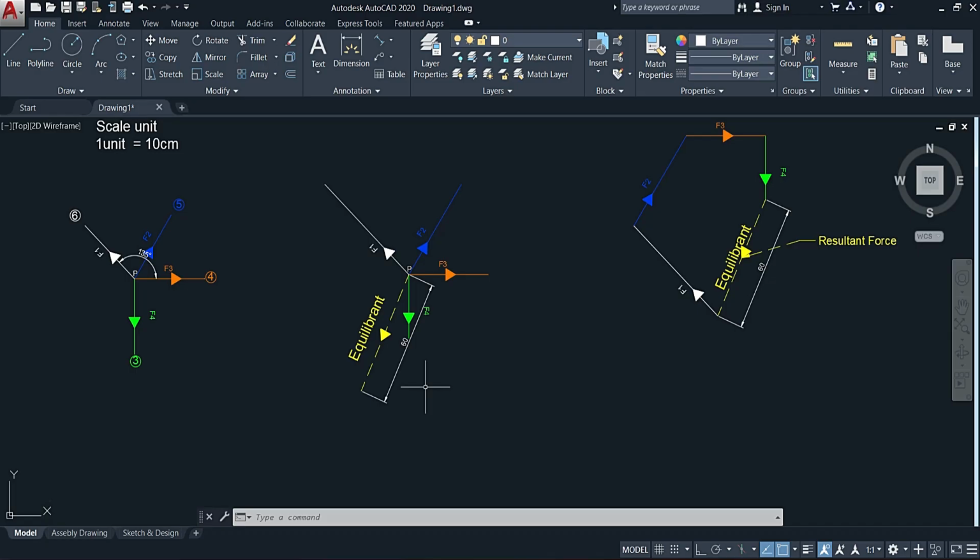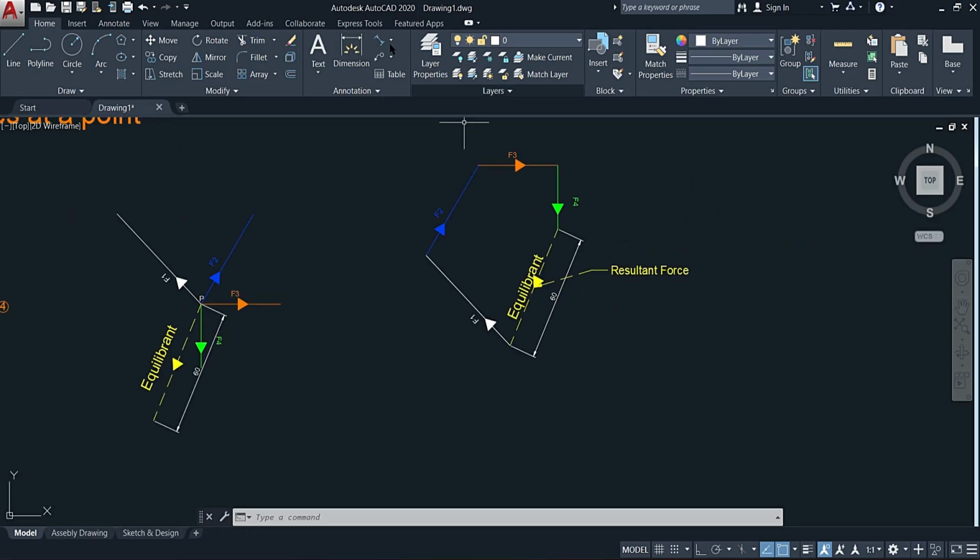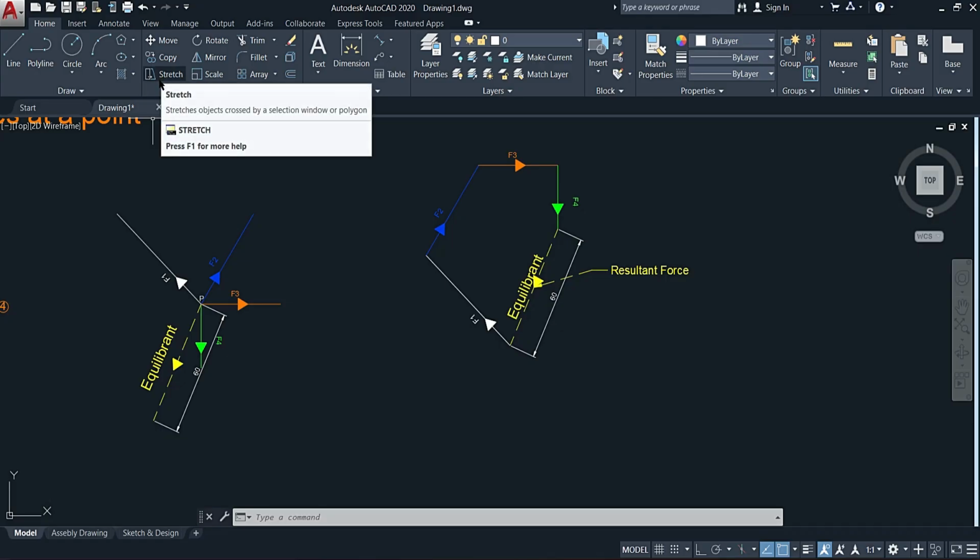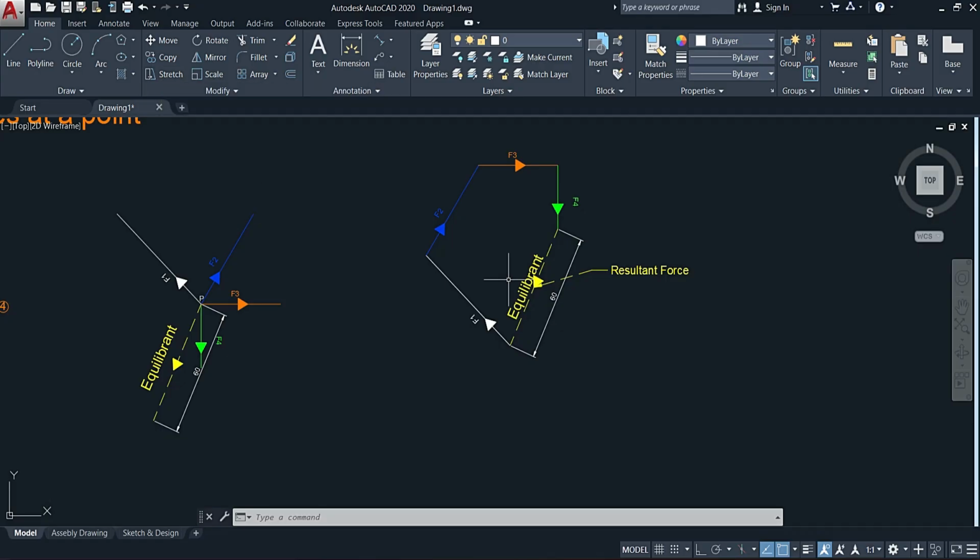The first thing is to draw the known forces that we have. After we draw the known forces, we are going to create our vector polygon over here. After we've created our vector polygon, we're going to close things off using our resultant, aka our equilibrant force. Then we move this resultant force to our force diagram to close things off.